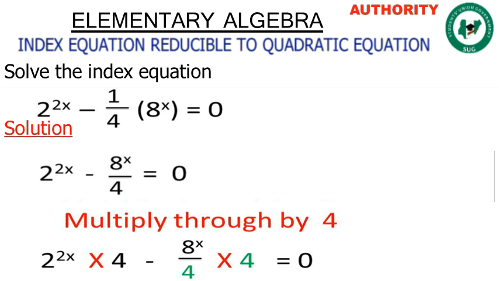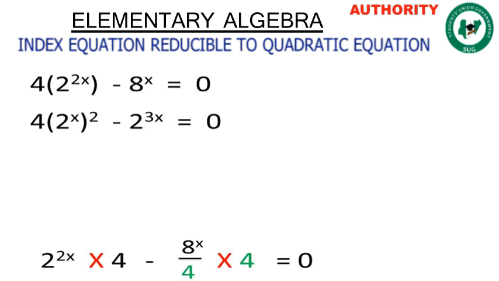Now in this first term, please don't multiply. Put it like this. We'll have 4 open bracket 2^(2x) close the bracket, minus; this 4 will cancel the denominator, so the numerator will remain. We'll have minus 8^x is equal to 0.